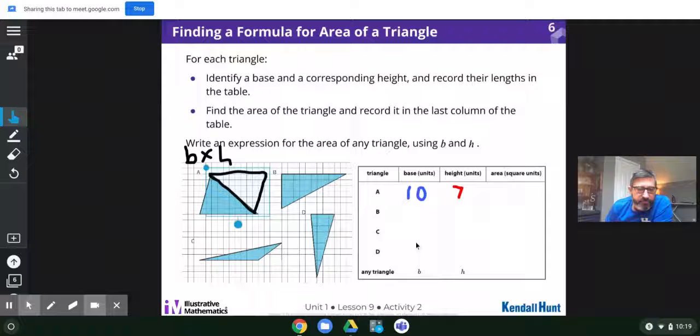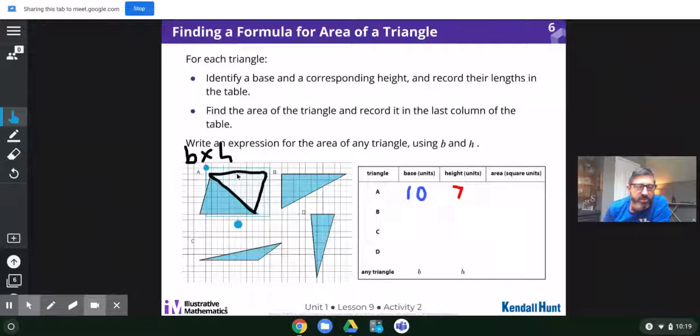So if our formula to find the area of a parallelogram is base times height, we know our base is 10 and our height is 7, what is the area of this parallelogram that we just made? 70. 70, that's right. So what do you think the area of the triangle is going to be?